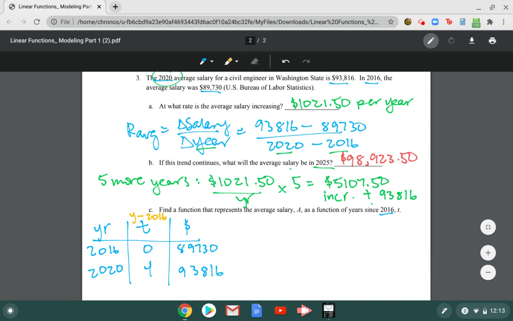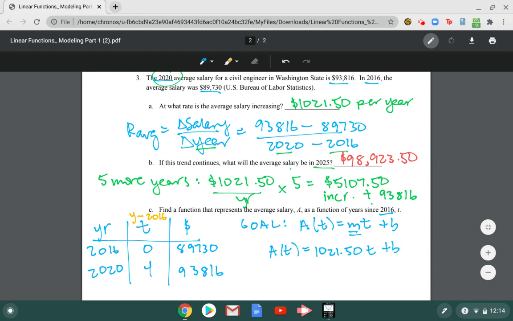My goal is the average salary, A, as a function of years, T. So A of T is going to equal m times x, but in this case it's T, plus b. I already have m, 1021.50.